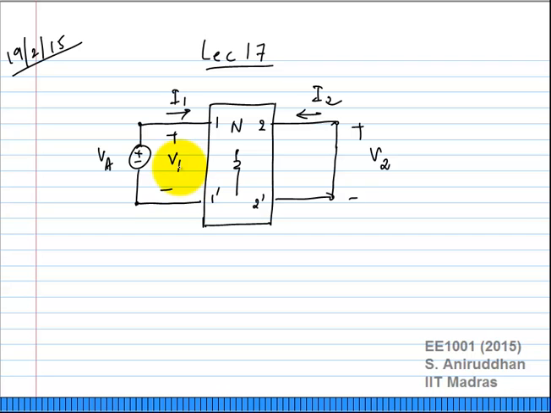In this particular case, I am applying a voltage and looking at the short circuit current in the second port. This is analogous to the case where I applied a current at the input port and looked at the open circuit voltage. I am giving you the result for this specific case because this is what we plan to use for our proof.